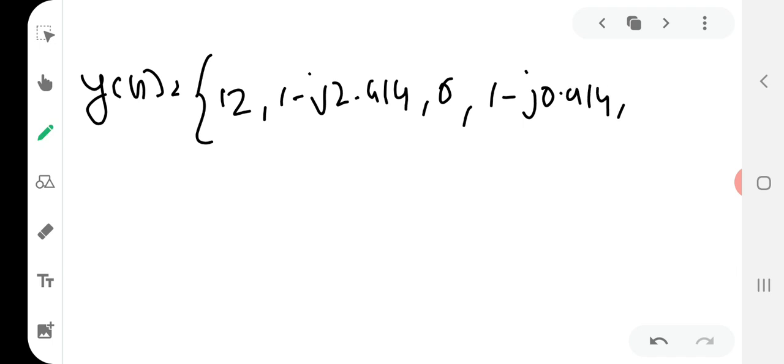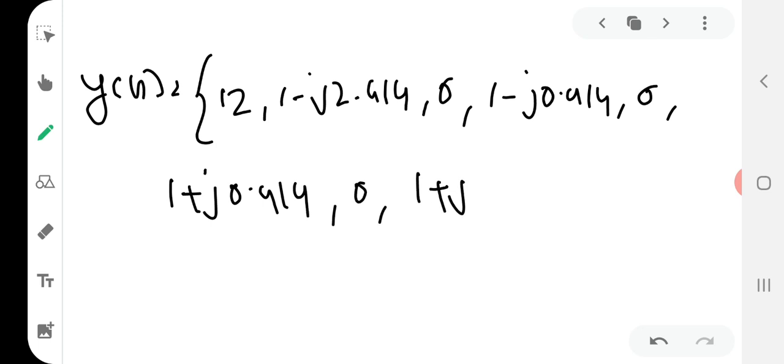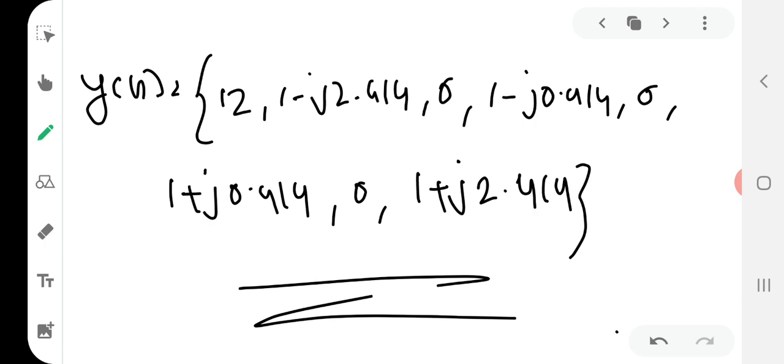X of 4 will be 0. X of 5 will be 1 plus j 0.414. X of 6 will be 0. X of 7 will be 1 plus j 2.414. Okay, this is the final expression of the signal.